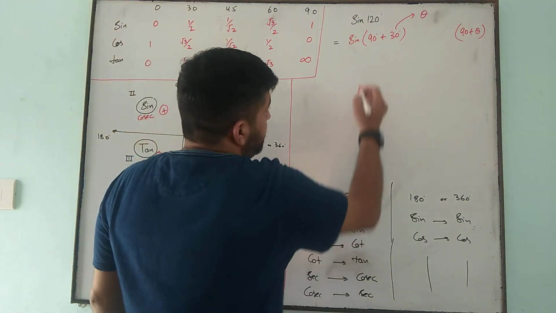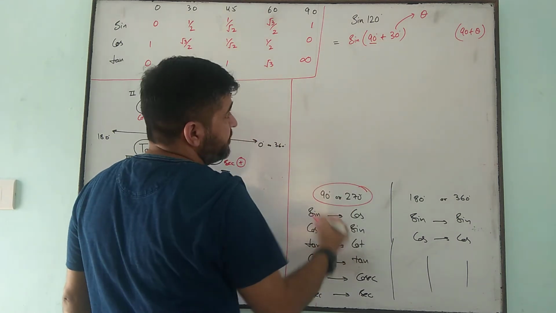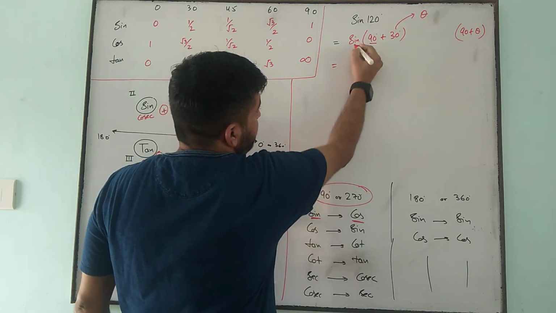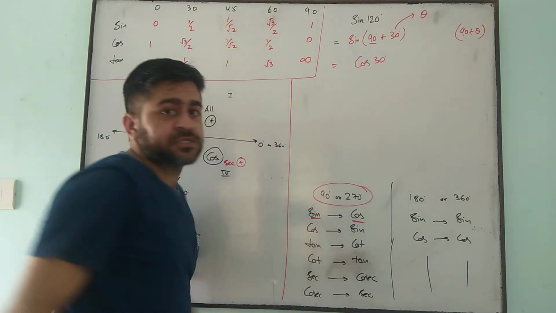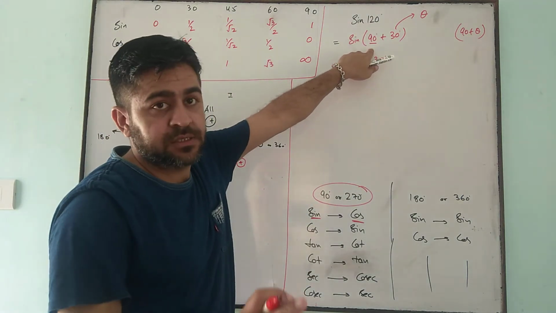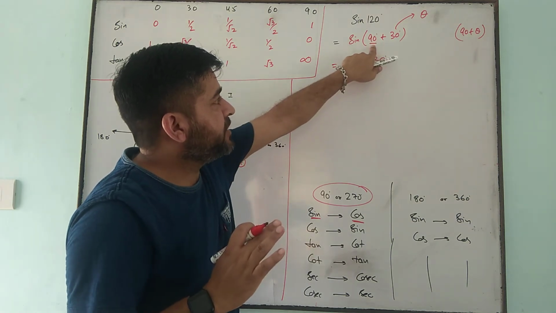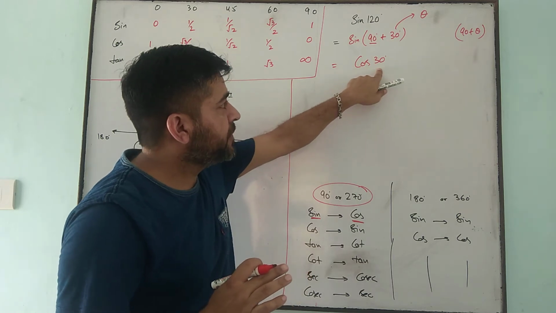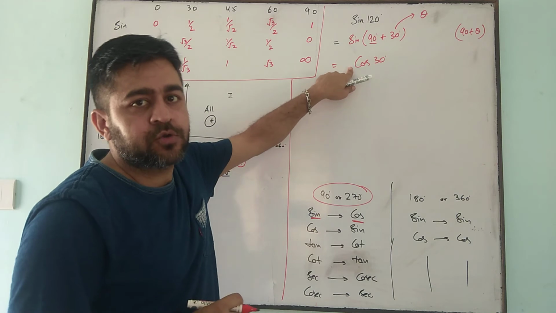Now, as I told you, in case of 90 or 270, the trigonometric function will change, so sine will change into cos theta. This is the only duty of sine, that's it. After this 90 will be eliminated. So we got sine of 90 plus theta is cos theta. But still we have to put a positive or negative sign according to the quadrant.